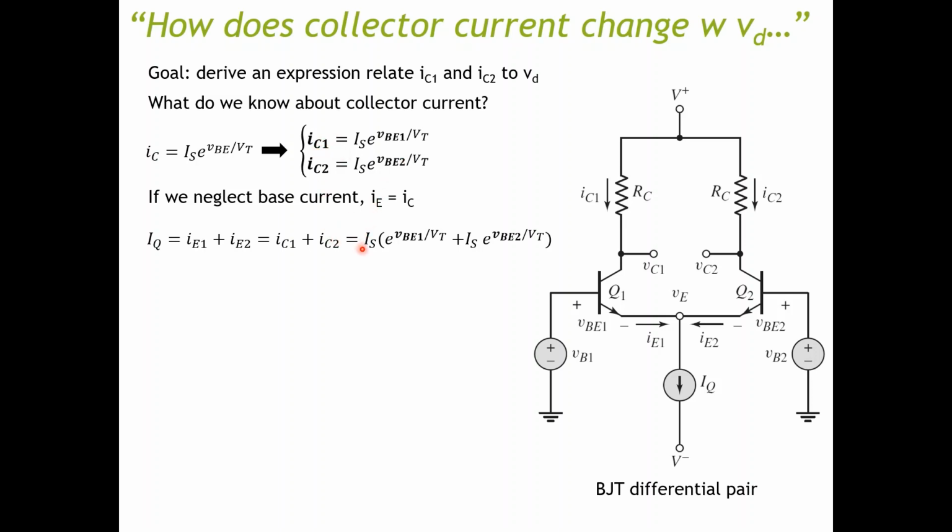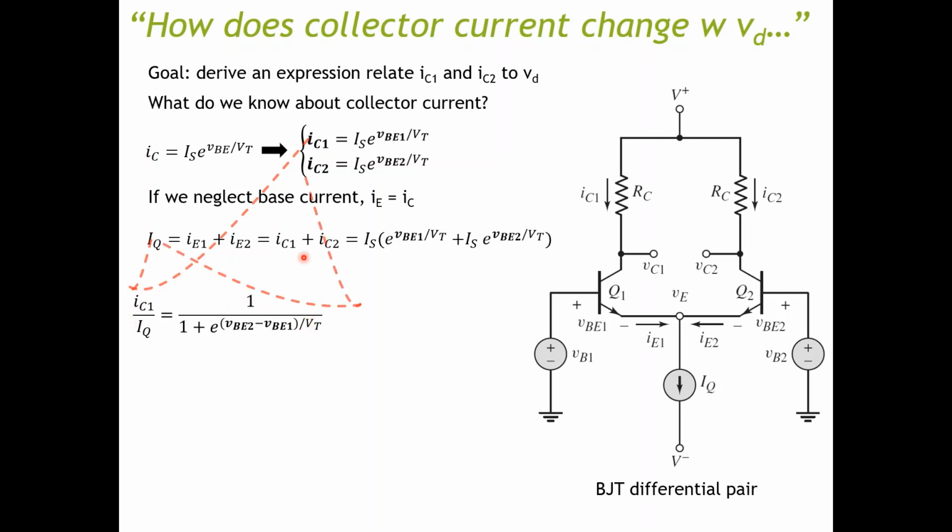Then I can have IS multiplied by exponential of VBE1 over VT plus another IS multiplied by exponential of VBE2 over VT. If I divide IC1 by IQ, I can have a ratio of IC1 over IQ. After I simplify the terms, I'll have this.